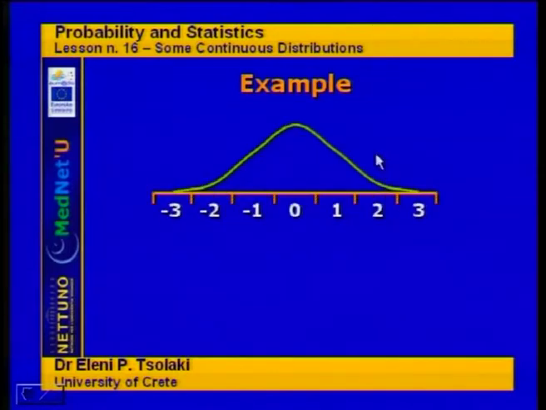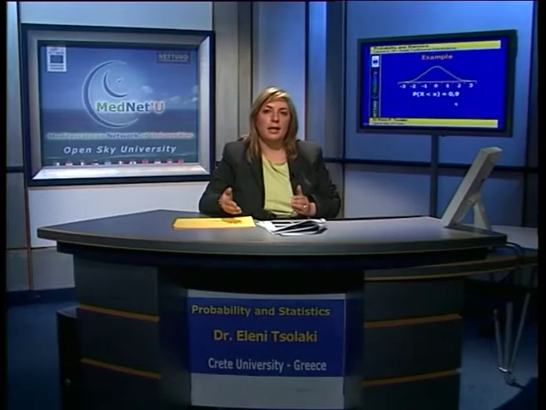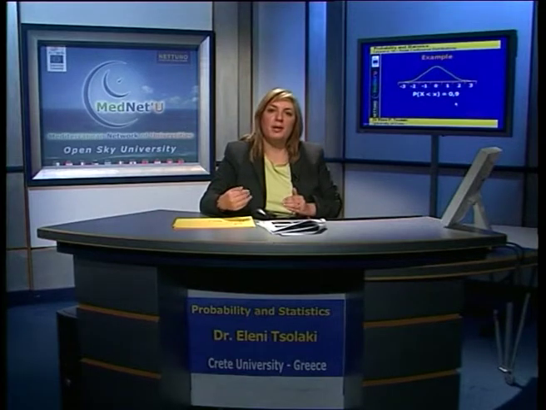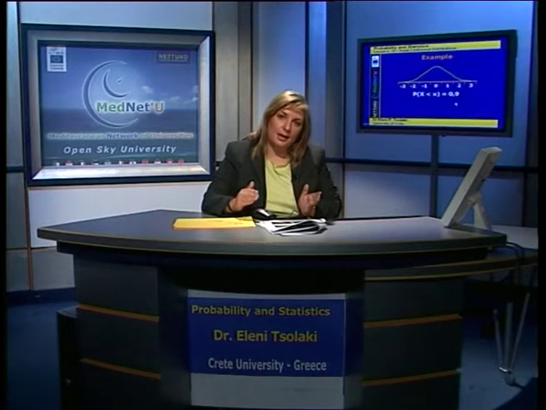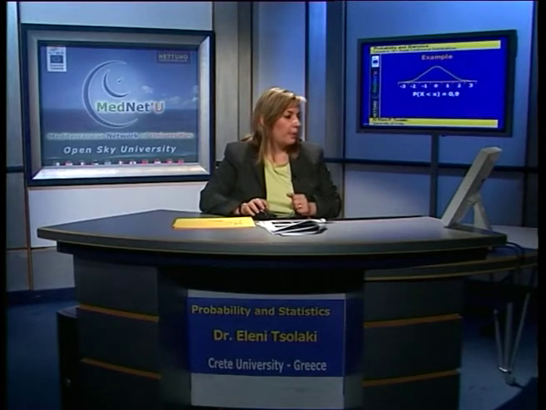We look here again on our standard normal distribution. We want the point x such that the probability of X less than x will be 0.9, because we wanted 10% to be exceeded, so 90% should be less than that point.